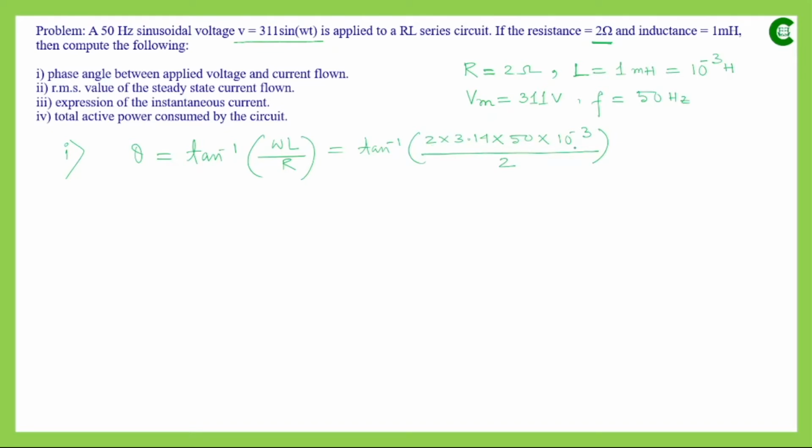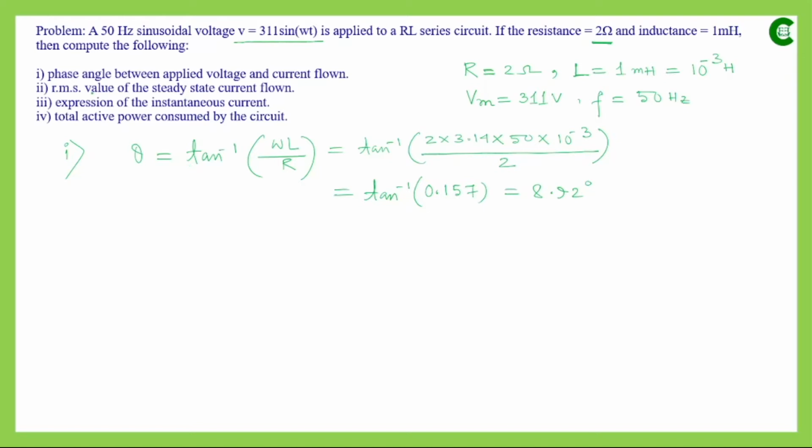Then 314 multiplied by 10 to the minus 3 divided by 2, finally it will be tan inverse 0.157. Angle wise it will be 8.92 degree.